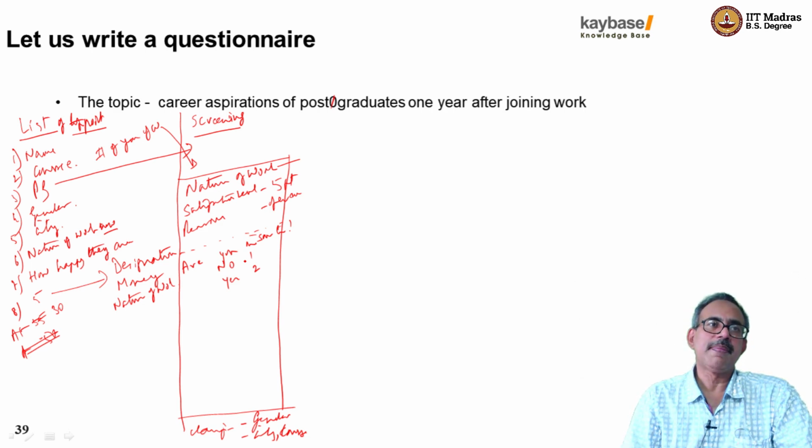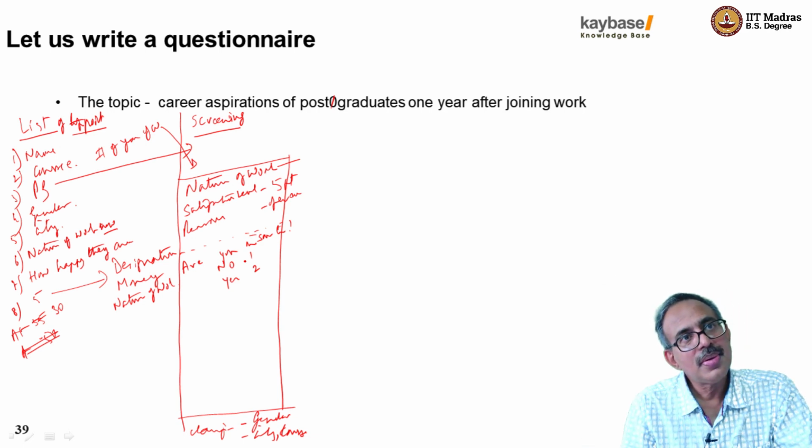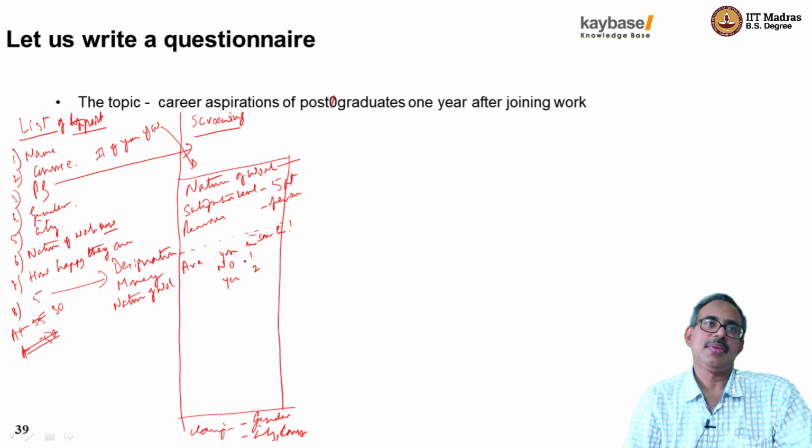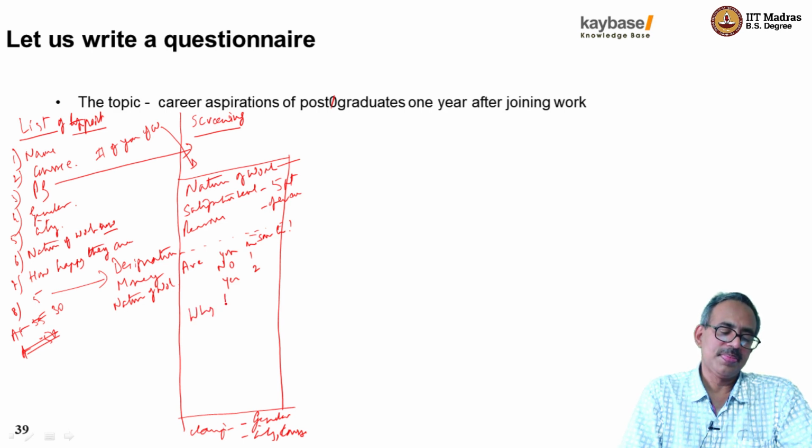Why didn't he join the line? Do you need to know? Will it make the questionnaire too long? Yes. So then what do you decide? Okay, well, write it now. Why changed, if changed?